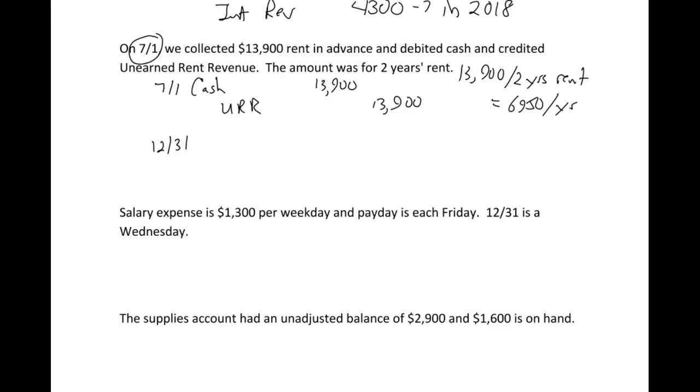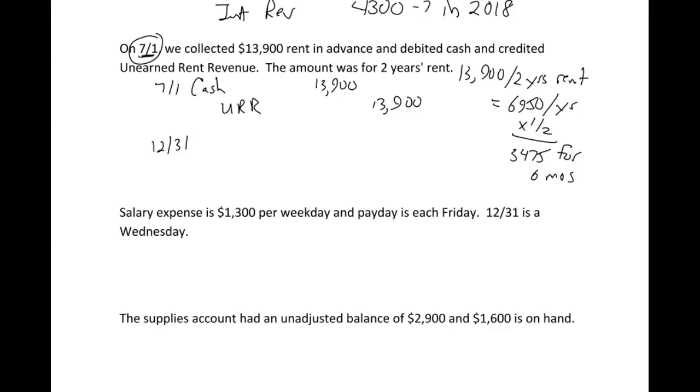If we look at our time frame, remember I said make sure we pay attention to the date. We're at July 1st and we're going to 12/31, which means half the year is gone, or 6 months. So we can multiply this times 1/2, divide it by 2, whatever you want to do, to get what it is for 6 months. So it's $3,475 for the 6 months that we're dealing with here.